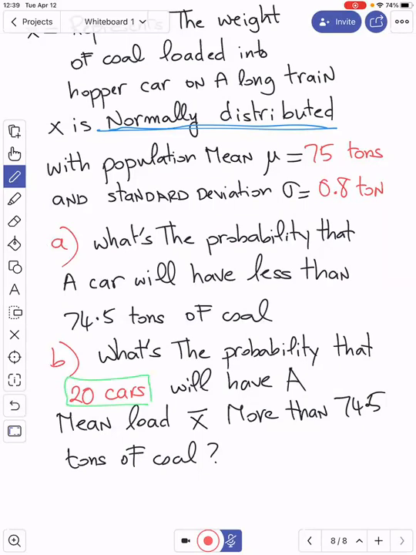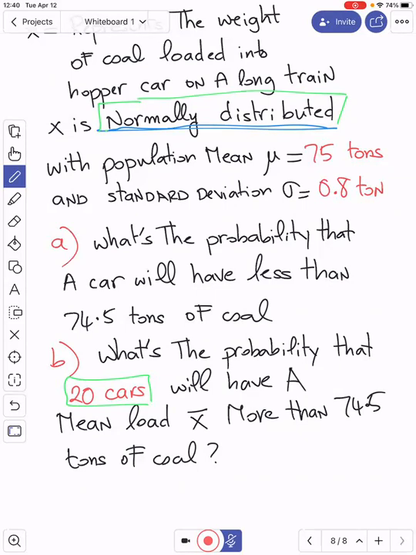Of course, 20 is less than 30, but in this exercise it doesn't matter because our X is normally distributed, so we don't really care about the size of the sample.